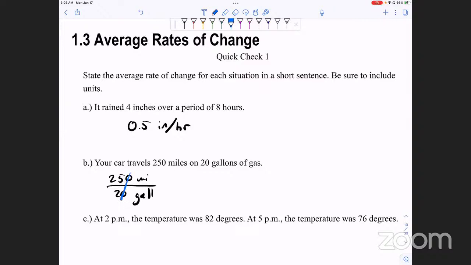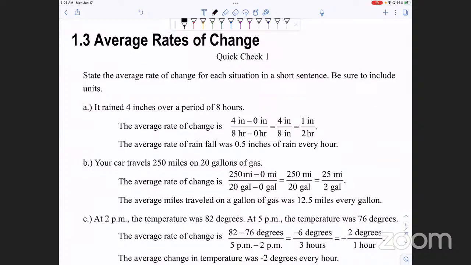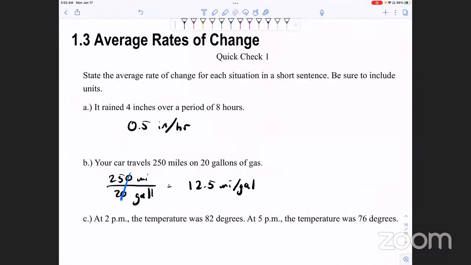So then 25 divided by 2 ends up being 12.5 miles per gallon. Is it 1 L? Let me look, because it's driving me nuts. It's 1 L. So that means we traveled approximately 12.5 miles for every gallon.